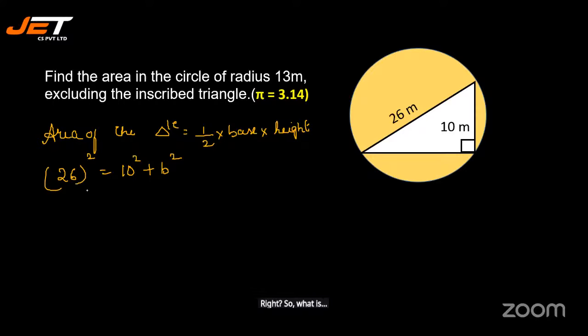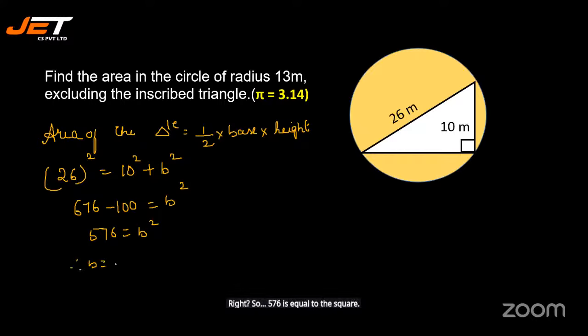So what is 26 into 26? 676. So 676 minus 100 will be b square, which is 576. So 576 is equal to b square.